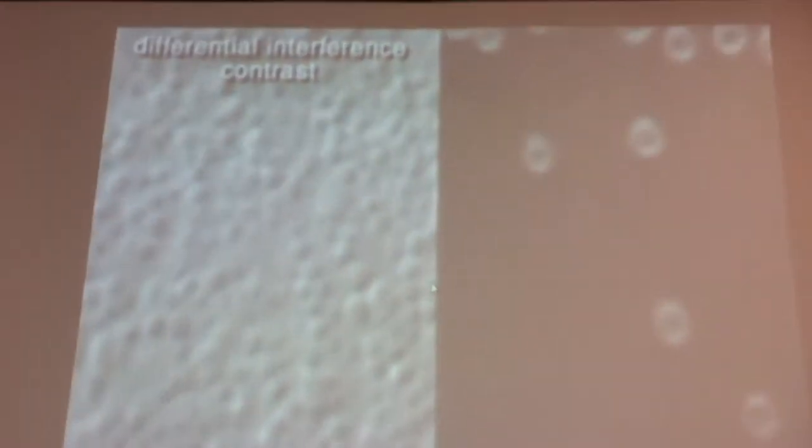On the left, differential interference contrast microscopy is used to directly view the exocytic vesicles that underlie the plasma membrane. The vesicles are visible here because they are densely packed with protein and consequently have a different refractive index from the surrounding material. Each time a vesicle exocytoses, it disperses its contents and disappears from the image.